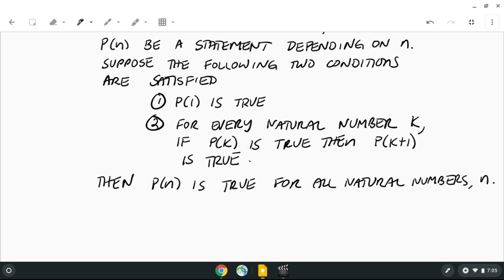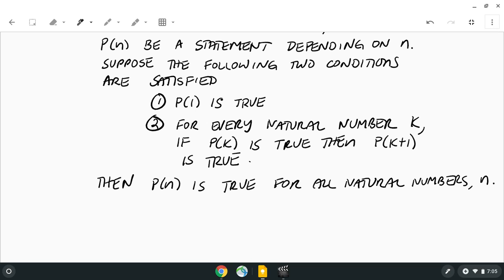So what happens here is we show that it's true for P of 1, and then we assume that it's true for k, P of k, and then we try to demonstrate that it's also true for P of k plus 1. If we can get this part, then we have this second condition satisfied.